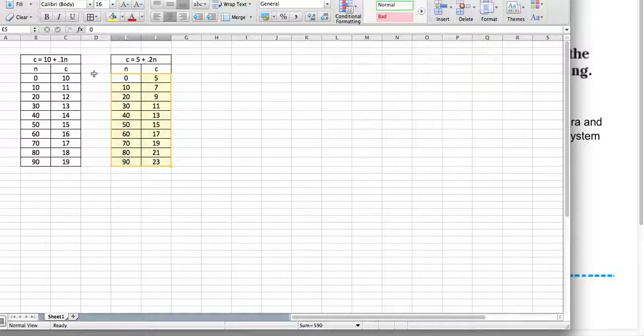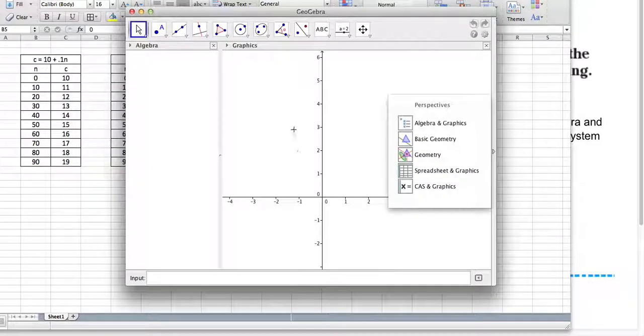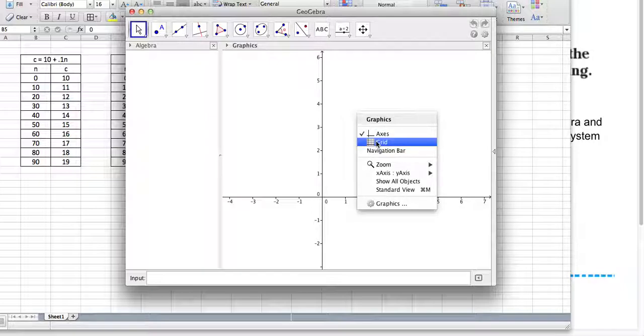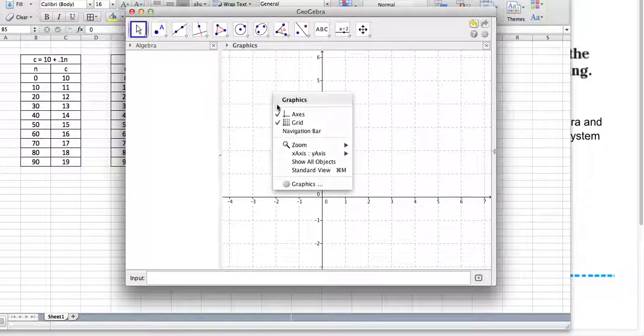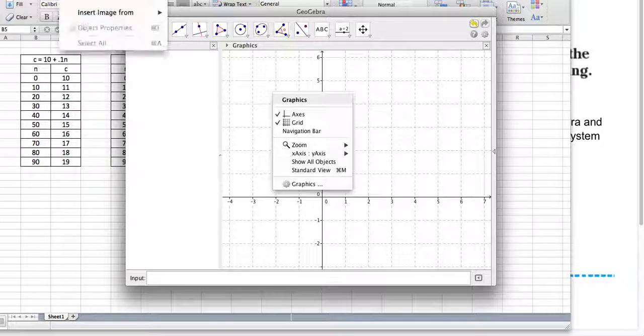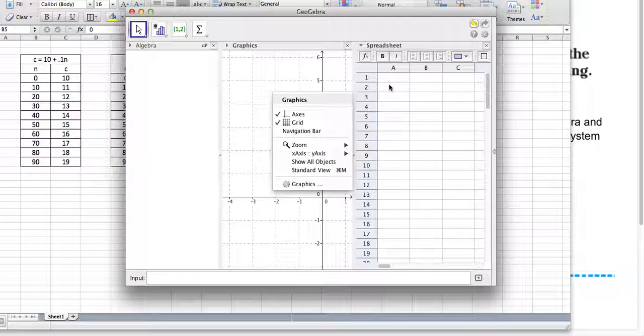Those are the values that we used for our first example, and we are simply going to copy these. And we're going to open up GeoGebra, and we're going to plot this. Grid, and then we want to find spreadsheets, which is, I think, right there. I'm going to paste those values right there.